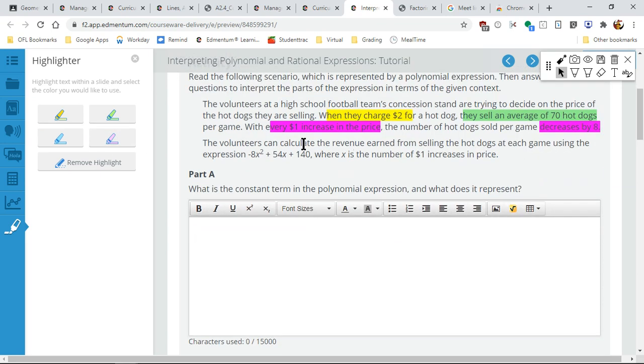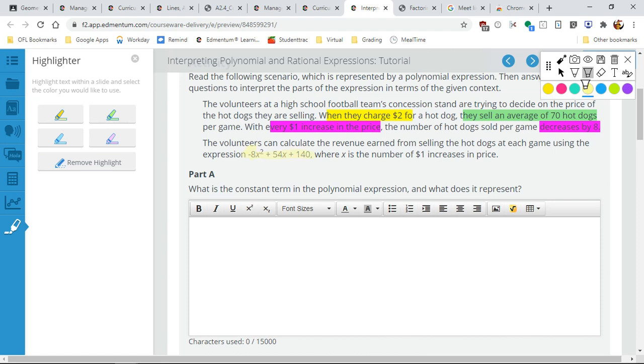So then they came up with this formula for revenue. So here's this really complicated formula right here that they came up with. I wish they had more colors. They don't have more colors. So I'm going to remove that highlight. I'm going to use my own little highlighter.